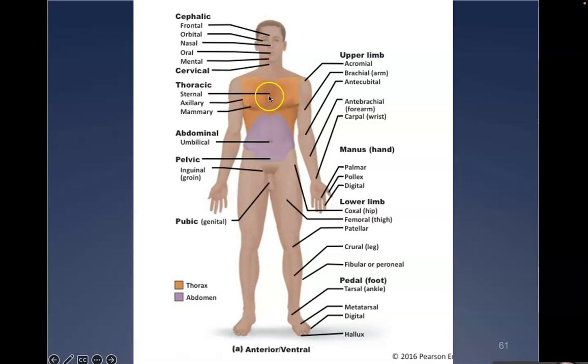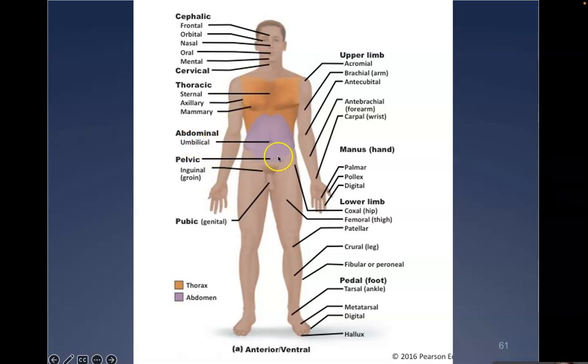So we're going to have the sternal region, which is going to be right where your sternum is. And you guys probably know where your breastbone is. Your sternum. Then again, you have your axillary regions, which is going to be right underneath your armpit. And then of course your mammary region here, which will be, again, that area around the breast.